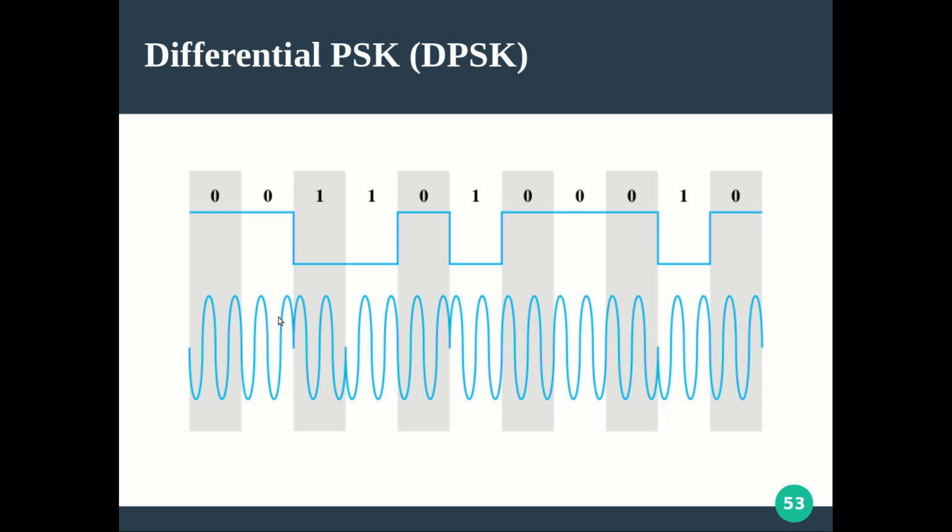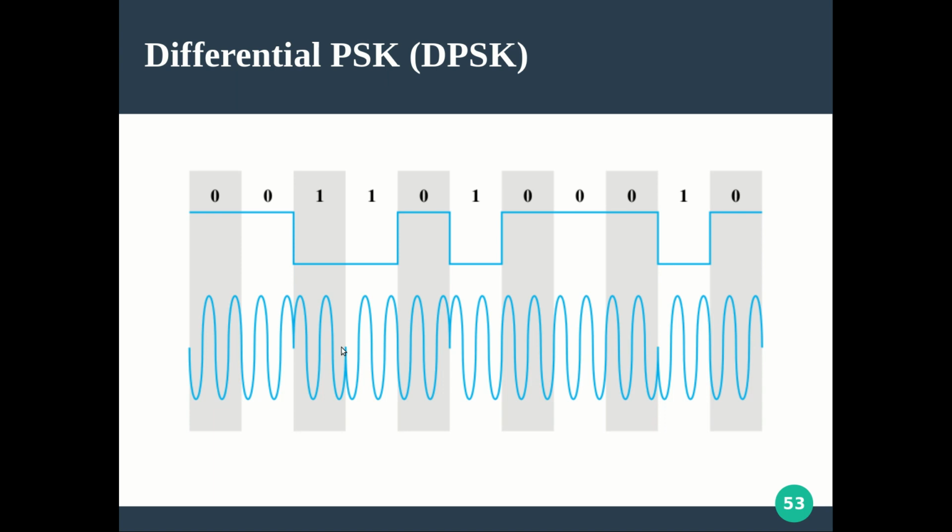See here, whenever a 0 is coming, we are just repeating the signal as it is before. We are just repeating the pattern. But when 1 is coming, just look at the previous pattern. This is the previous pattern. Make this one 180 degrees shifted to the previous one. 180 degrees shifted means amplitude is multiplied by -1. You are getting the shifted signal like this. Again, this is 1. Make it differentiated from the previous signal by giving a 180 degree shift with respect to the previous one.